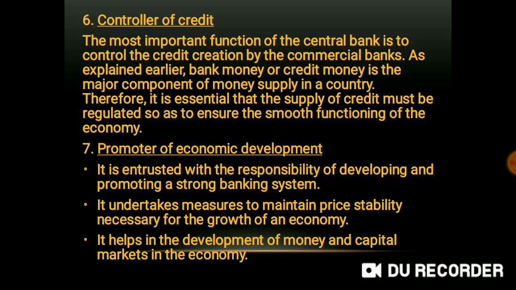Price stability means there are less fluctuations in the prices of commodities. If there are very high prices, then that leads to inflation, and that is very bad for the economy. On the other hand, if the prices of commodities go down, such a situation is known as deflation, and that is also demotivating for the economy.